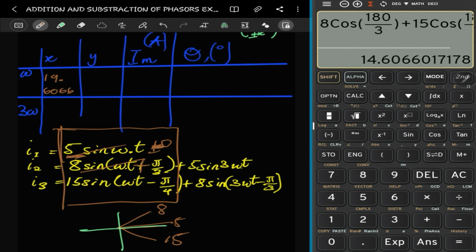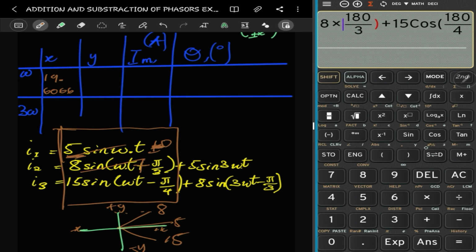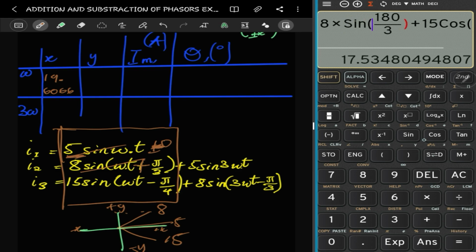The 8, the Y component: you see this is a positive Y, this is negative Y, this is positive X, and this is a negative X. Looking at it very well, if you're trying to get the Y component of 8, it should be positive, and we'll find the Y component using sine.